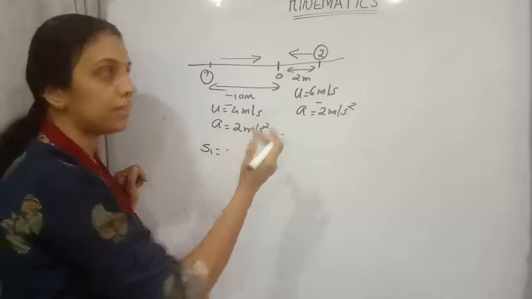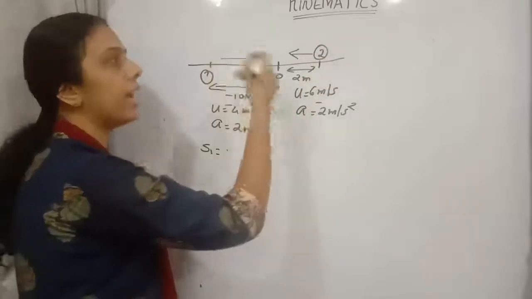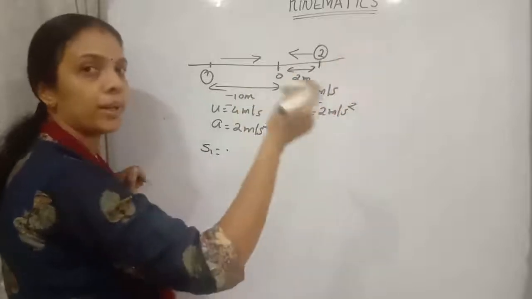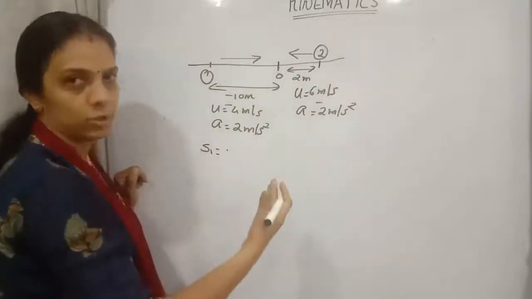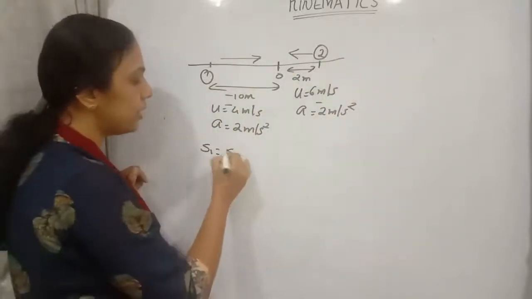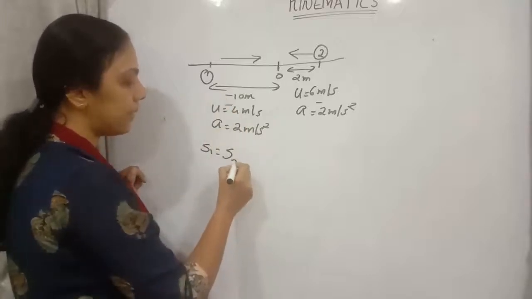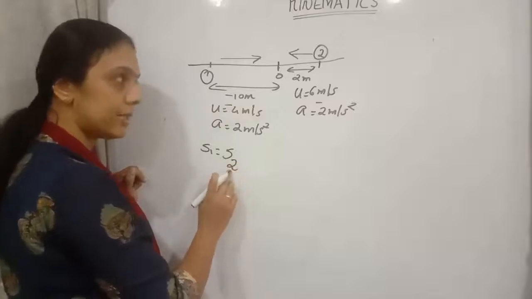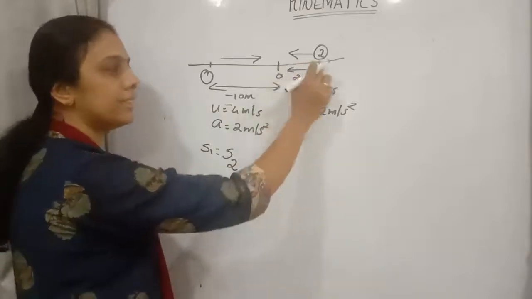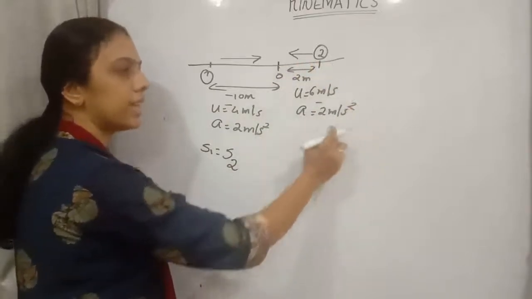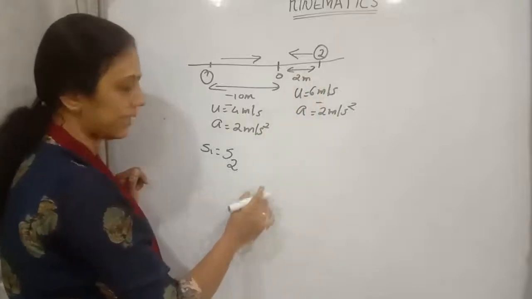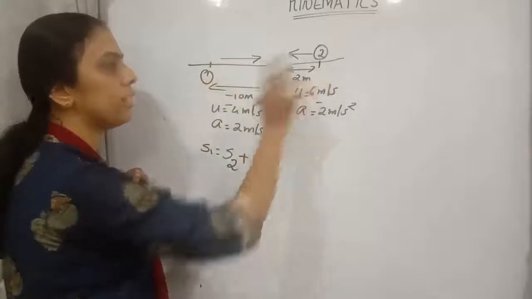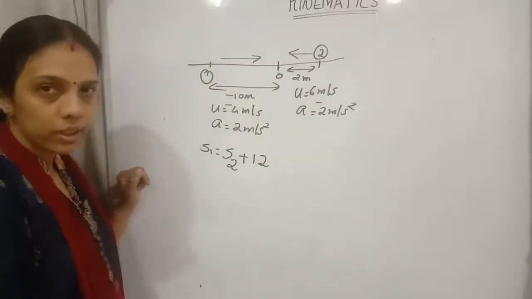It doesn't mean that it is moving in this direction. Its acceleration is negative, so velocity is decreasing with time. So particle 1 will travel a distance S1, and the second particle travels S2 with acceleration -2 meter per second square, and along with that this 12 meter also it will travel. Then only both will collide, right?